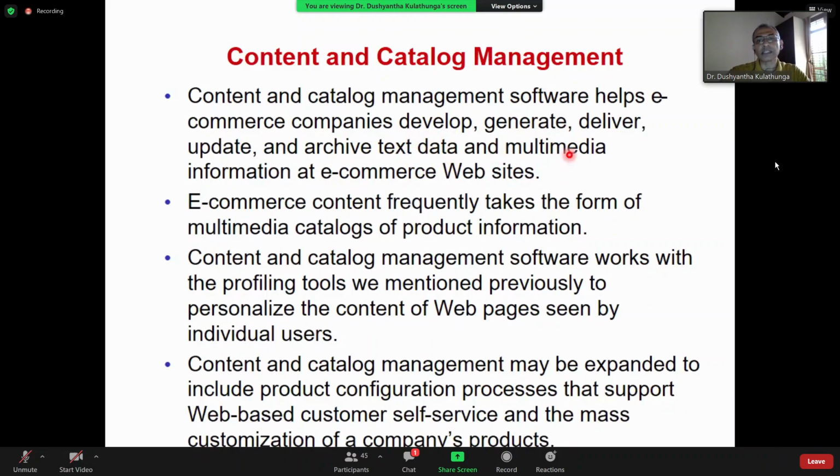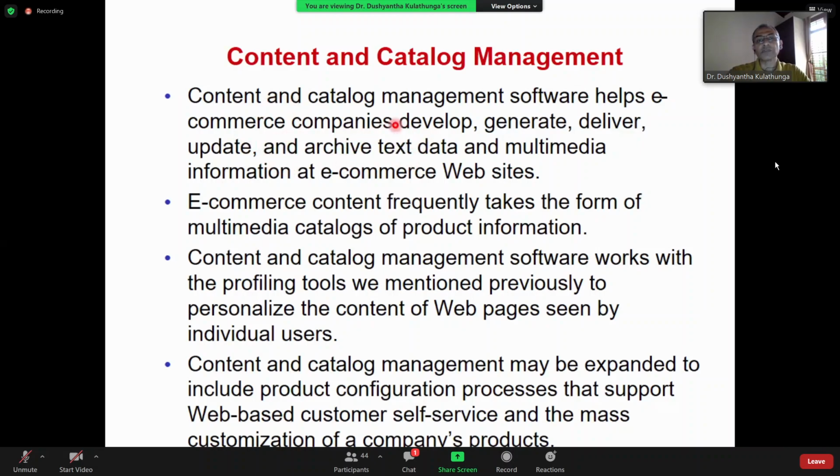It can contain text-based data. It can contain multimedia information. We highlighted that when it comes to multimedia, in addition to text, it includes audio-based data, video-based data, and so on. Therefore, you can develop content, display or deliver the content, and also update the relevant content. You can keep the content for future use.